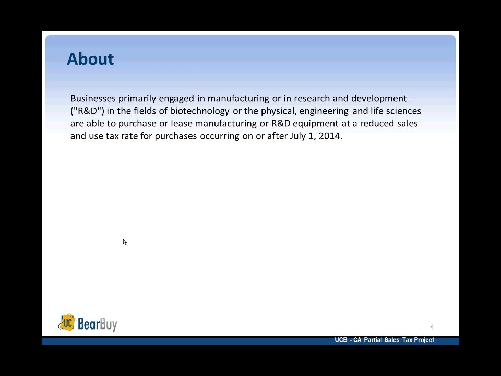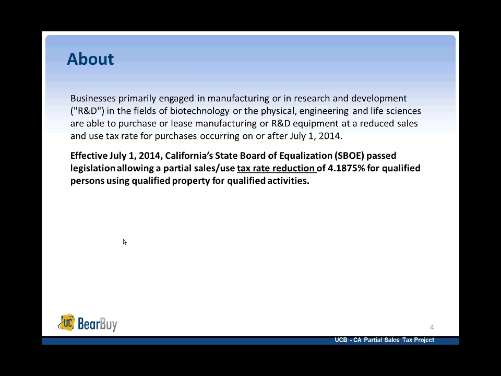So with that, UCOP stated that effective July 1st, 2014, the California State Board of Equalization passed this new legislation allowing a partial sales and use tax rate reduction of 4.1875% for qualified persons using qualified property for qualified activities. So what I do want to note is the rate.